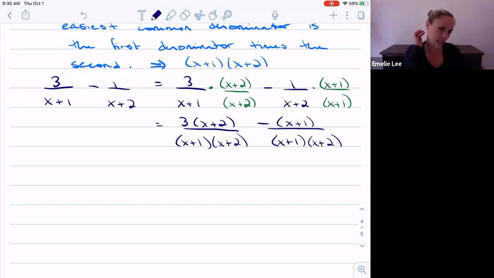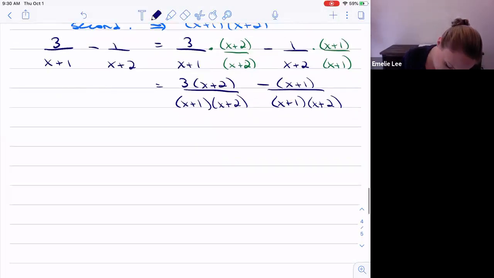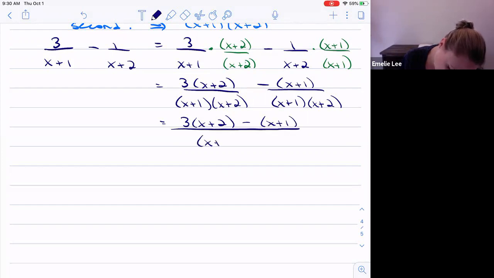That's the whole idea. Because I have this common denominator now, I can smush these together and subtract the numerators over this common denominator. So I get 3 times x plus 2 minus x plus 1, all over that common denominator of x plus 1 times x plus 2.